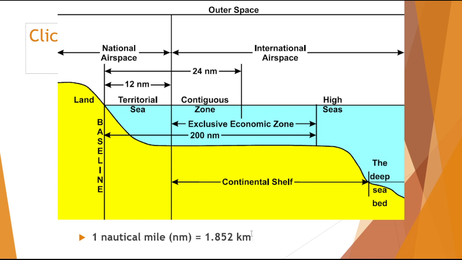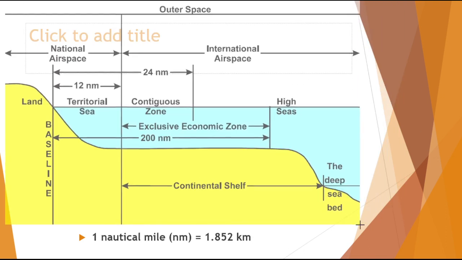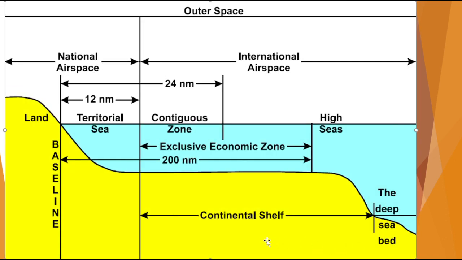So to understand this, let's analyze this diagram. We understand that this is land, and for example, here is the territorial sea. Whenever the high tide or low tide comes, the point at which it makes landfall, from that point the baseline is calculated, right?